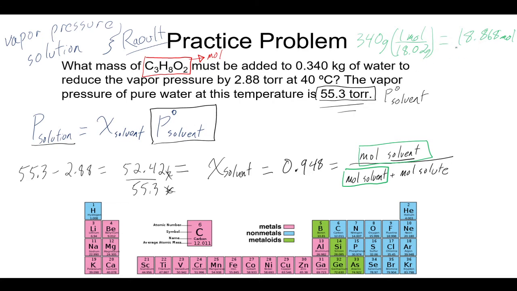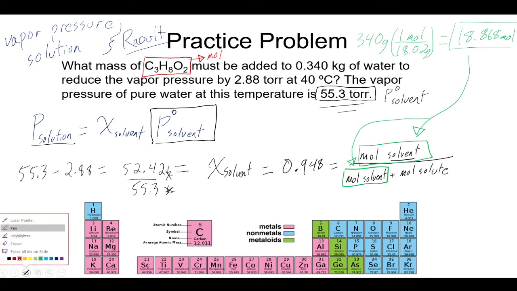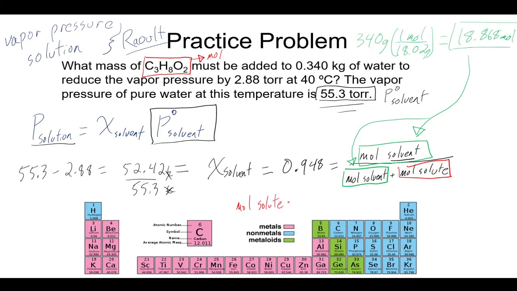Now I can plug that number in, both here and here, and solve for the result. Solve for my x here, which is my moles of solute. When I do that, I should get a moles of solute equal to 1.035 moles.